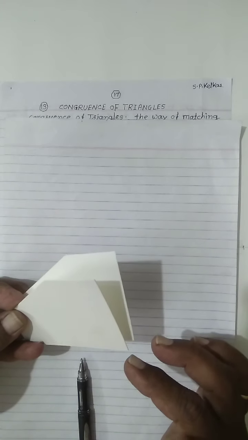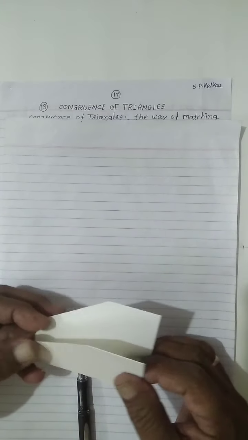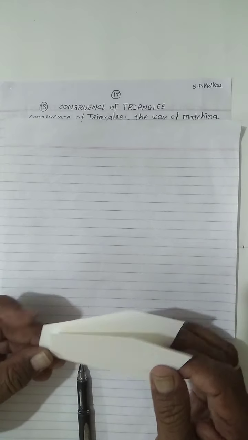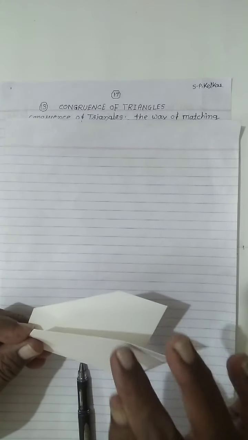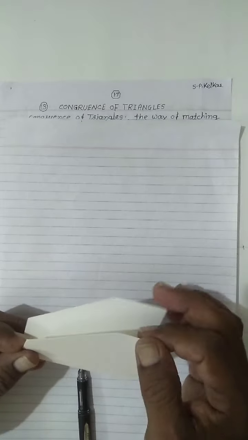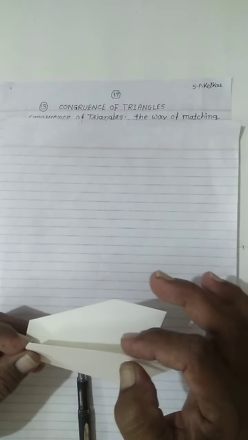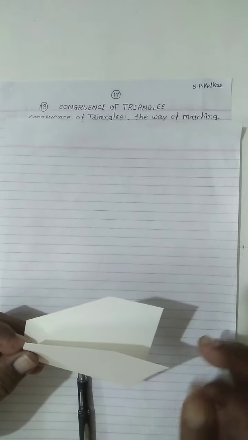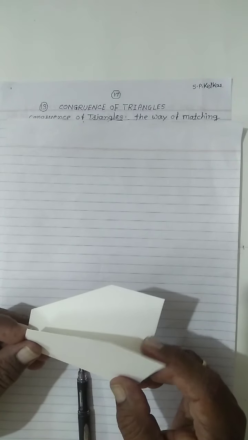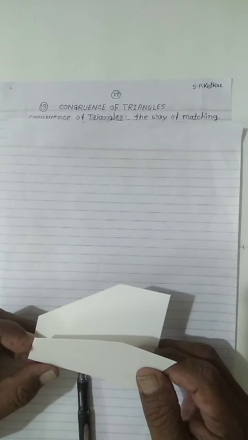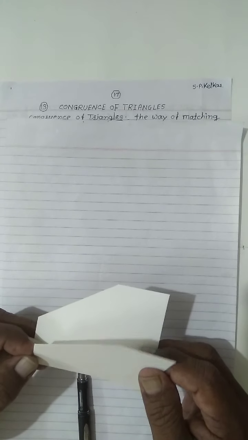Also here the angles are right angles. These two angles are not right angles, but they are congruent with each other. In this way we can see that the angles of equal measure are congruent.